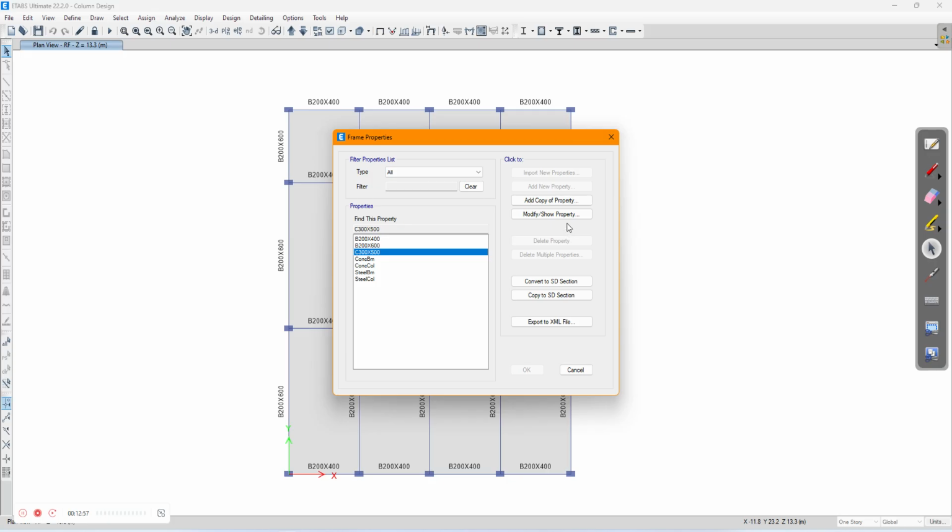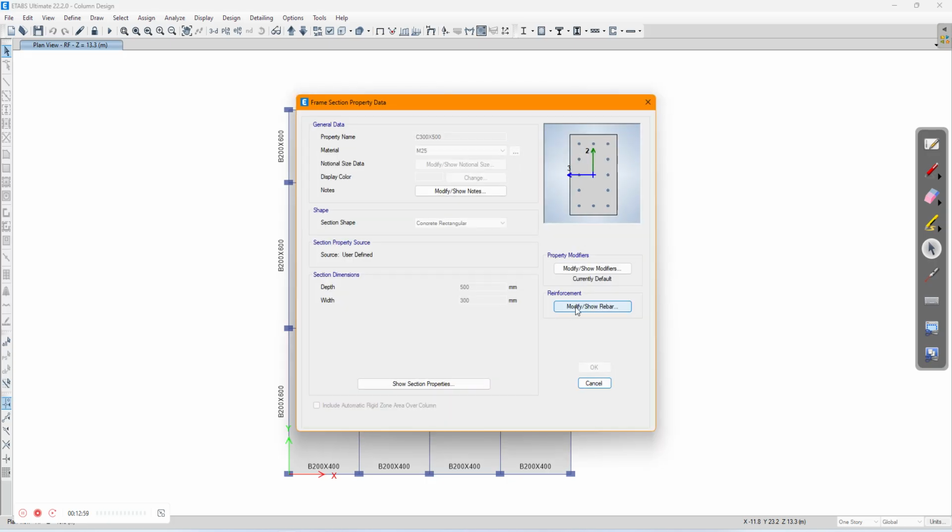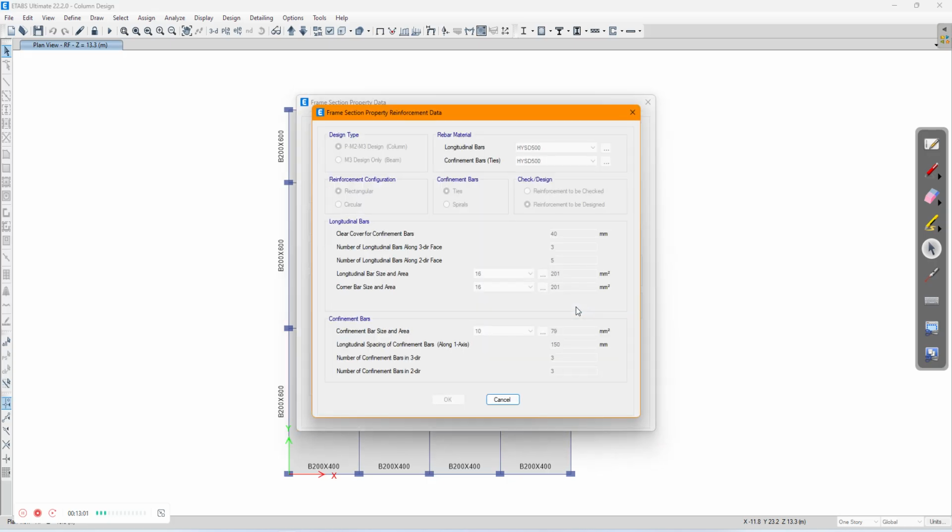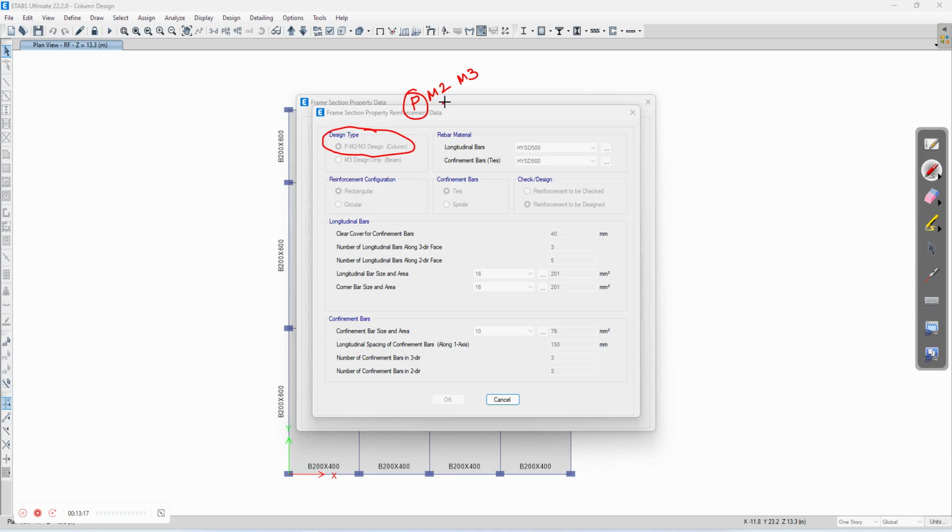Column, modify, you click on modify reinforcement. See here, your columns are designed for axial load and biaxial moments. So that is P, M2, M3. P is axial load, M2 and M3 are biaxial moments.